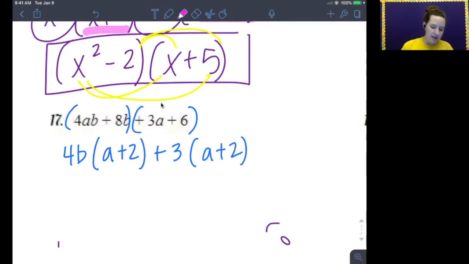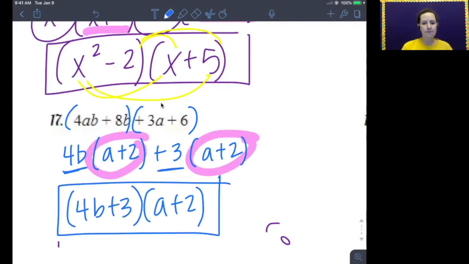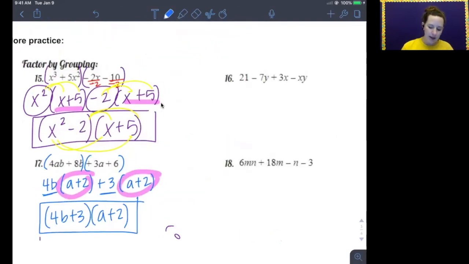As you can see, these 2 pieces match up. So I'm going to bring that down. And then my other term comes from these factors that we pulled out. So my other term would be 4b plus 3. And this would be factored form.